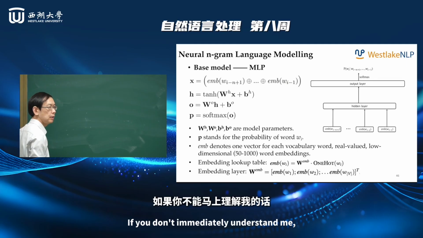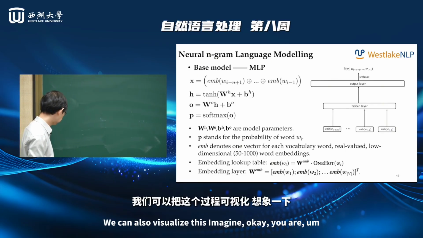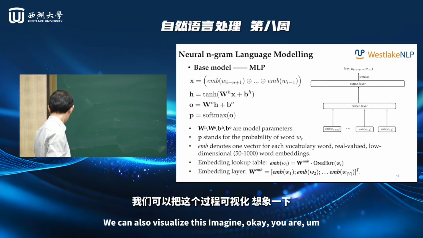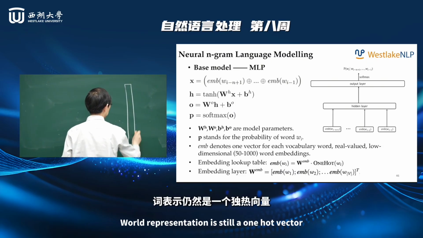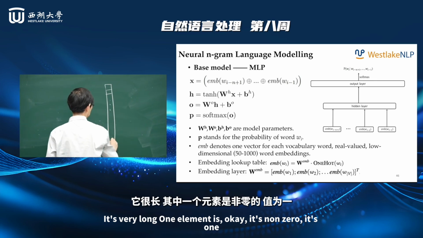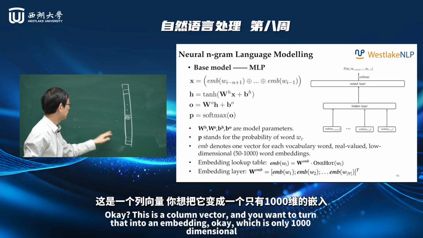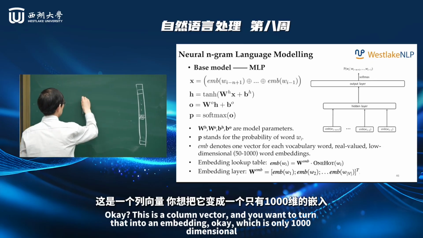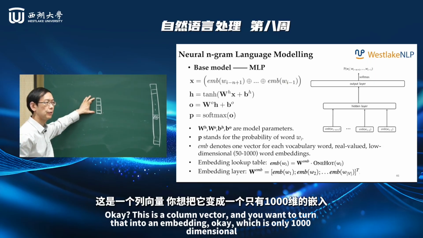If you don't immediately understand, we can also visualize this. Imagine your word representation is still a one-hot vector. It's very long. One element is non-zero, it's 1. This is a column vector. And you want to turn that into an embedding, which is only 1,000-dimensional.